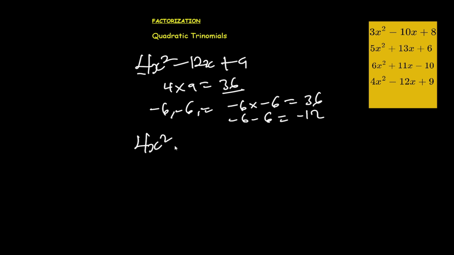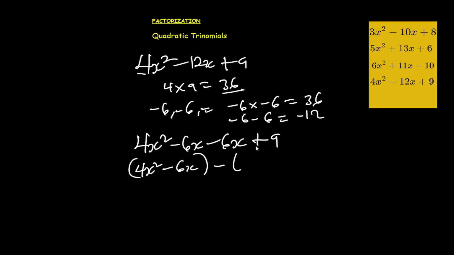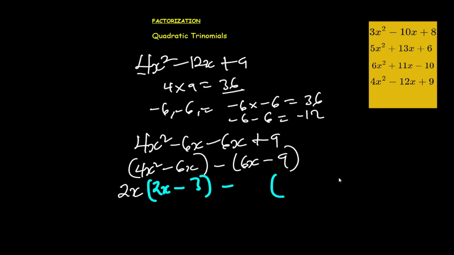So 4x squared minus 6x minus another 6x plus 9. 4x squared minus 6x inside one bracket. Now don't forget here we have negative, so we need to change the addition sign to be negative. 6x minus 9. Now here we factorize the common factor out. So 2x here, and then here we have 2x minus 3, minus here 2x minus 3.